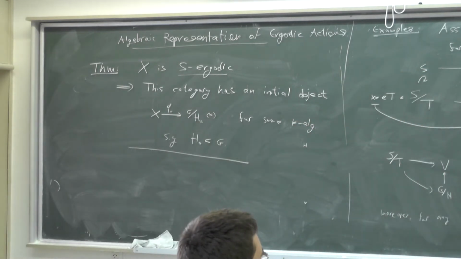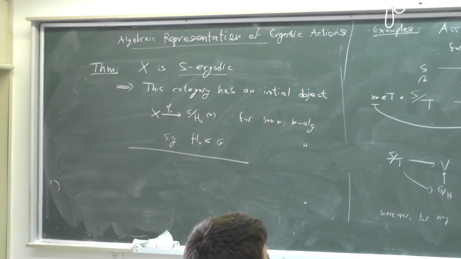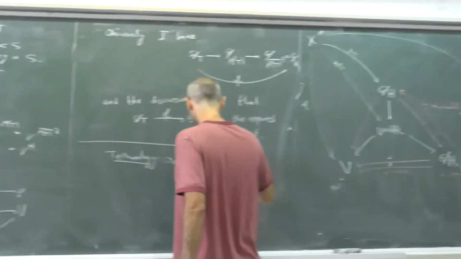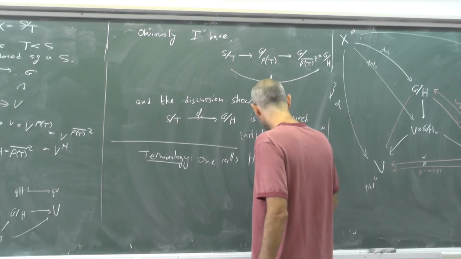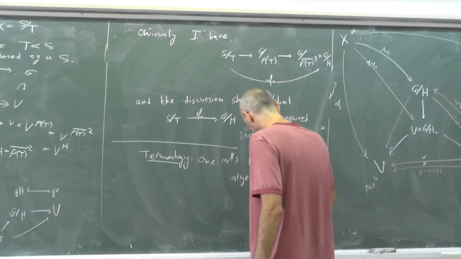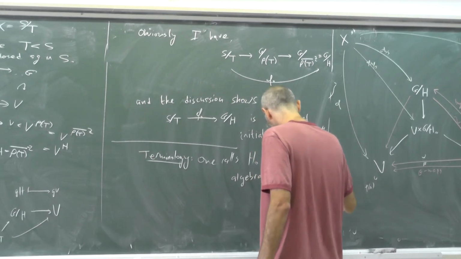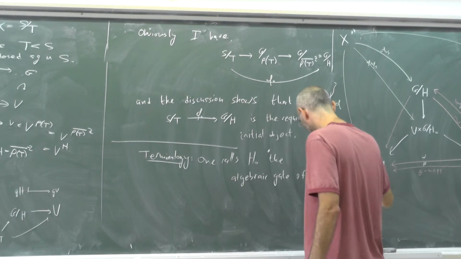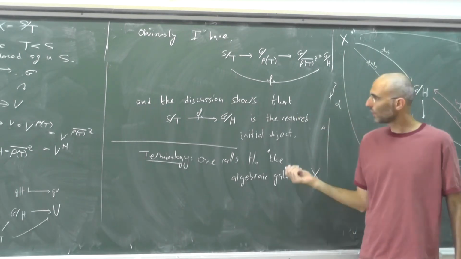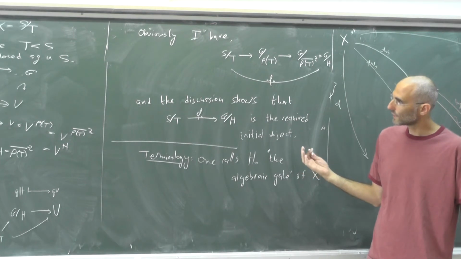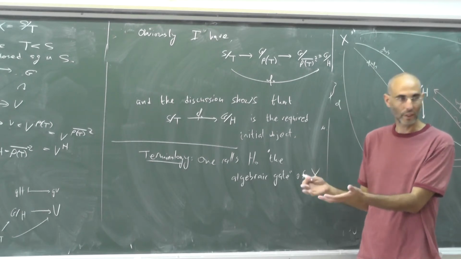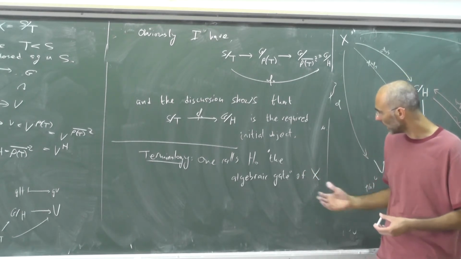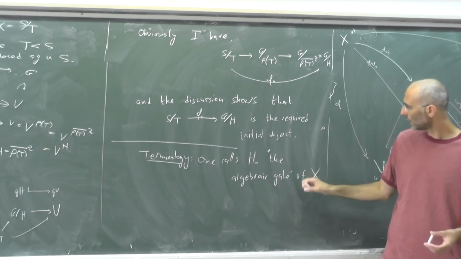There's a terminology here. Think of X as an ergodic action, and think of an algebraic representation as a way to put this thing into an honest algebraic category, and this is the door.